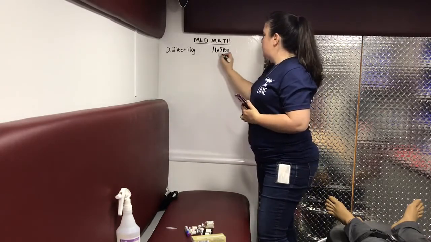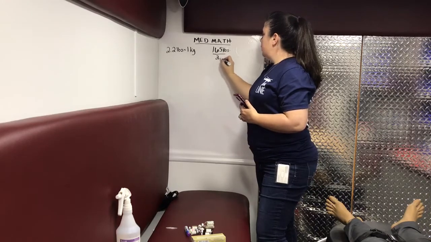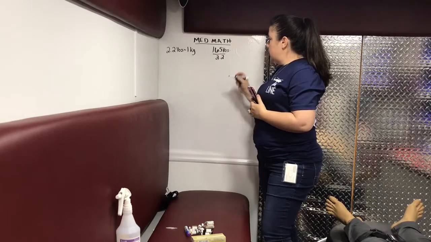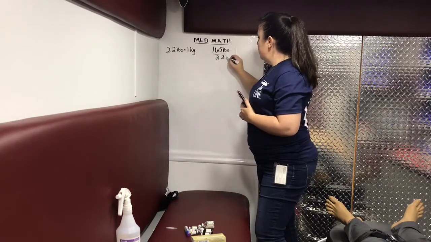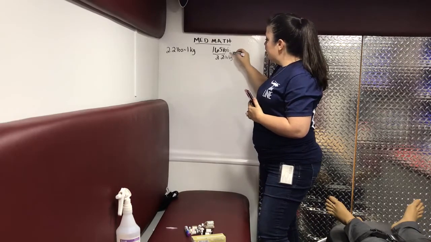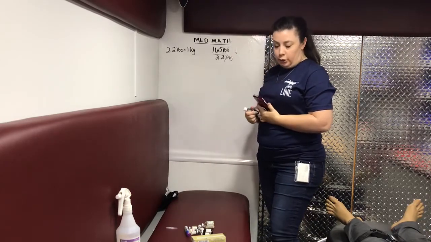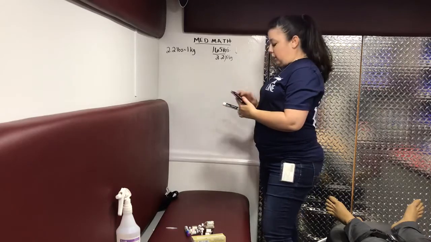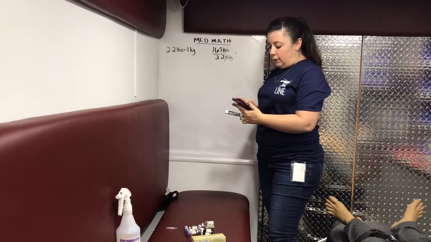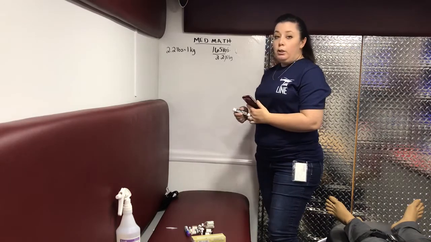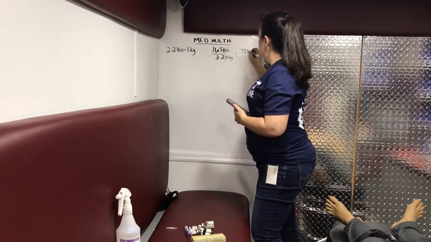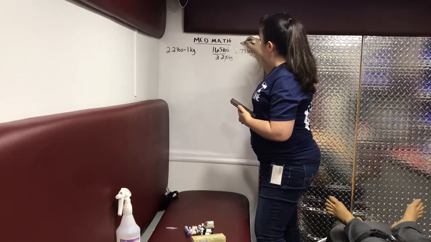To do that, we divide the 165 pounds by 2.2 pounds per kilo, so the pounds cancel out. You'll have a calculator you can use in your skills lab. 165 divided by 2.2 gives us 75 kilos. So that's how much our patient weighs.